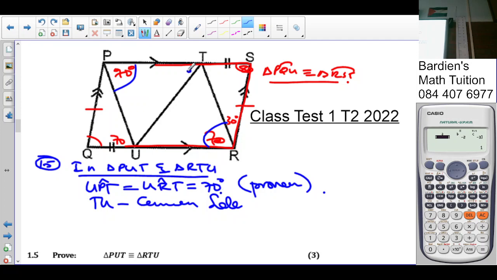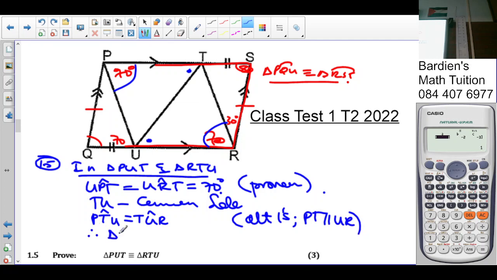That this angle here is equal to that angle there. Can you see that? Why? Alternate angles. So you can say that PTU is equal to TUR. Why? Because it is alternate angles with PT being parallel to UR or QR. Enough to conclude congruency? Yes. So therefore triangle PUT is congruent to triangle RTU. Why? Because it's angle, angle, side. That is one way I could have done it.